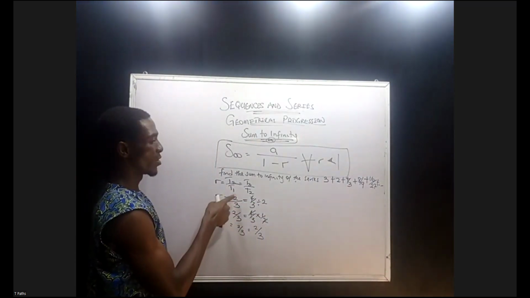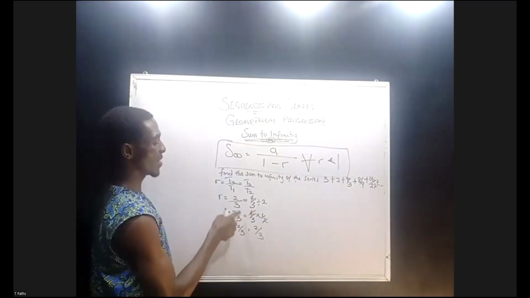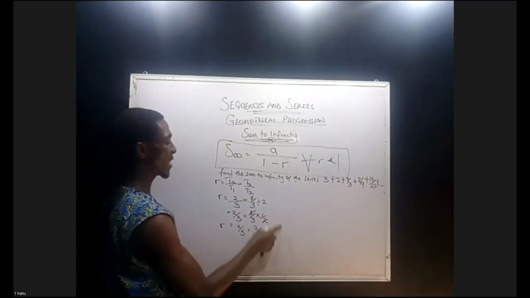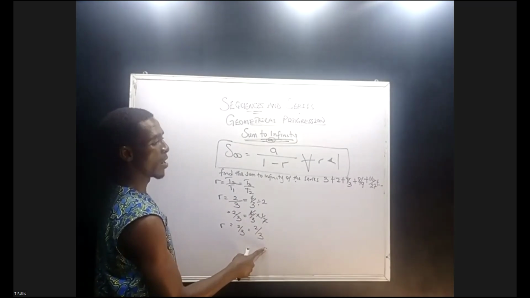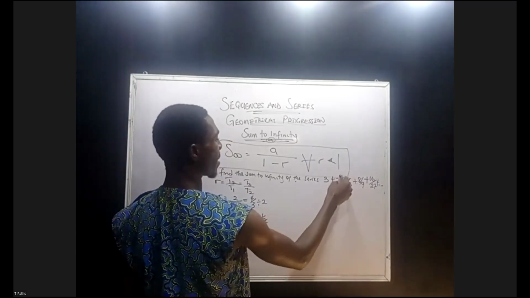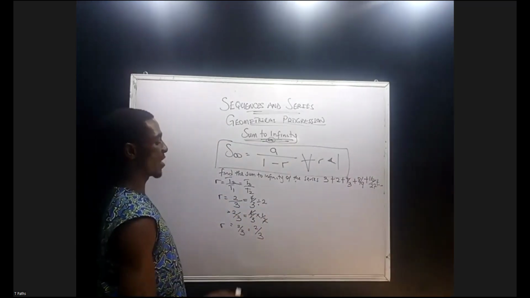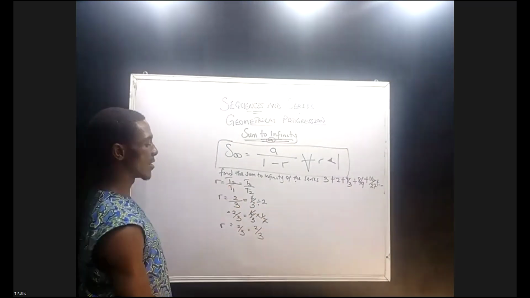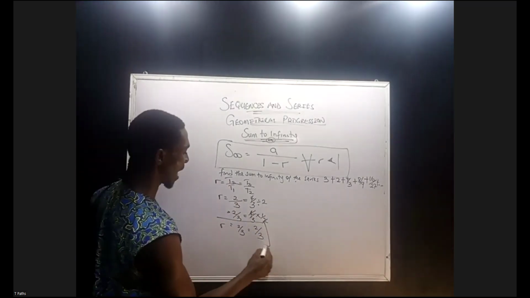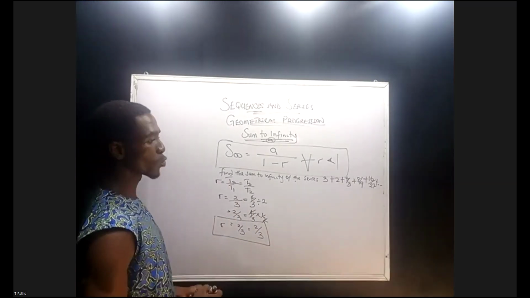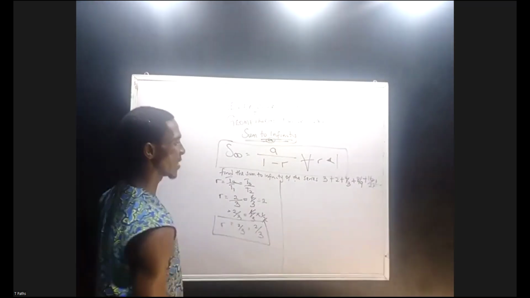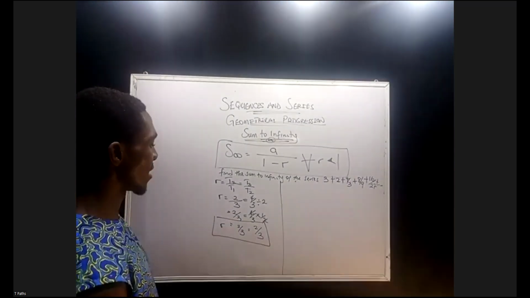So here, 2 divided by 3 gives me 2 over 3. But 4 over 3 divided by 2 will still end up giving me 2 over 3. If I should say 8 over 9 divided by 4 over 3, I will still end up having 2 over 3. So my common ratio has a general value of 2 over 3. Then that helps us to define the sum to infinity.